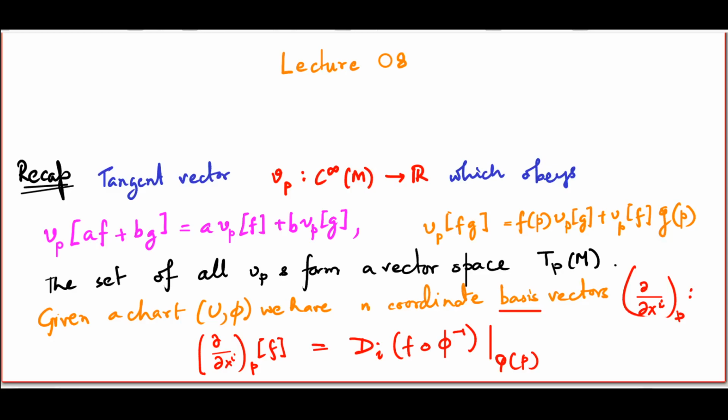What we had proven in the last lecture was that the del xi p's are linearly independent. So, one part of the proof that they form a basis is already given. But what we do have to prove to confirm that this is a basis is that these vectors actually form a spanning set of TpM.